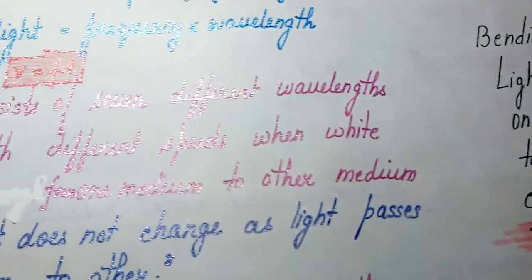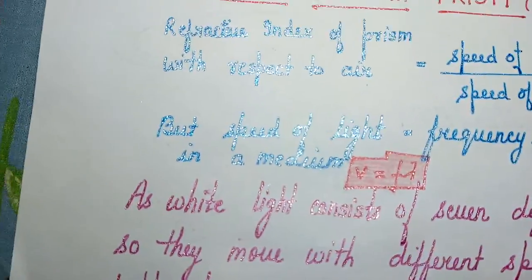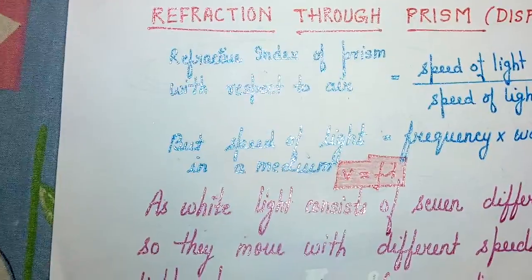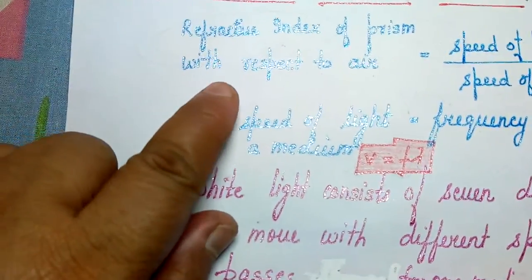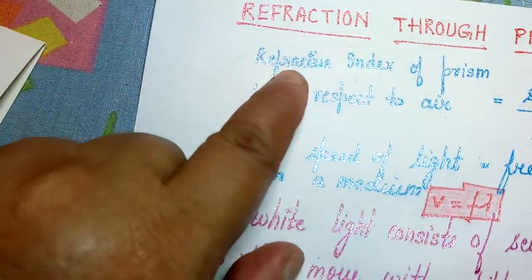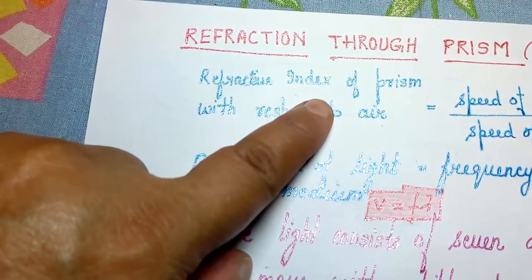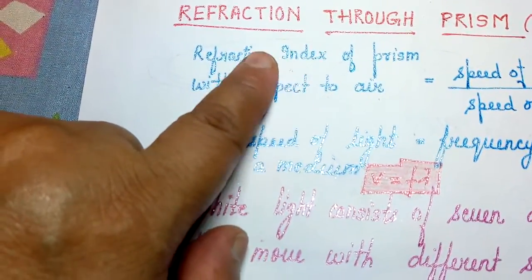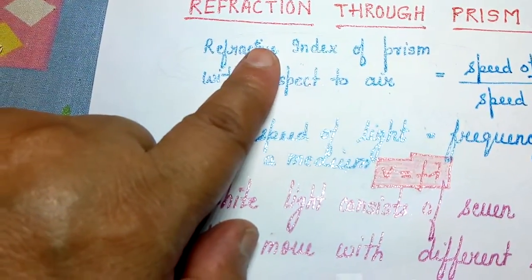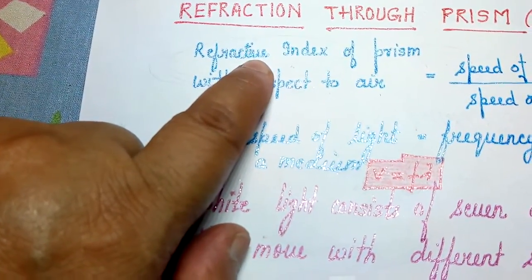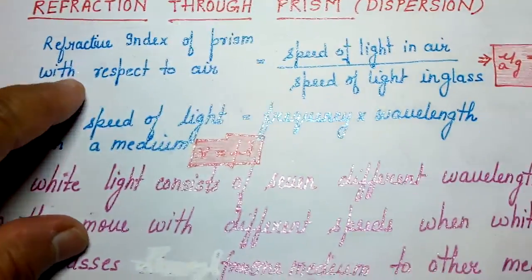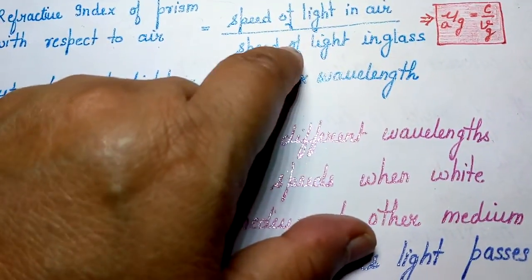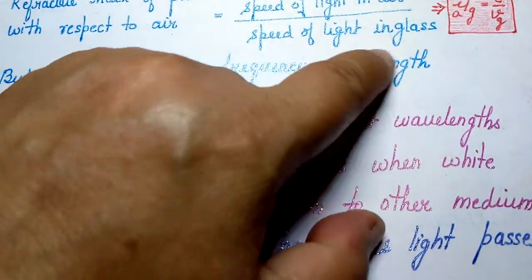And how do we know that which wavelength will bend more or which wavelength will bend less? That is given by this number called refractive index. Refractive index, more is the refractive index, more will be the bending. And refractive index depends upon speed of light in that particular medium.